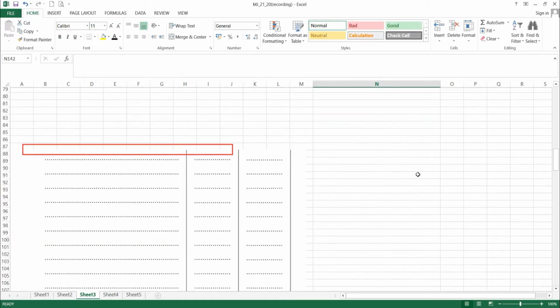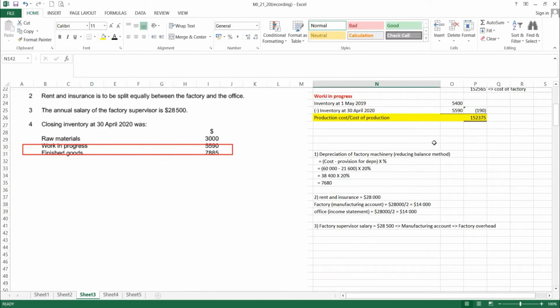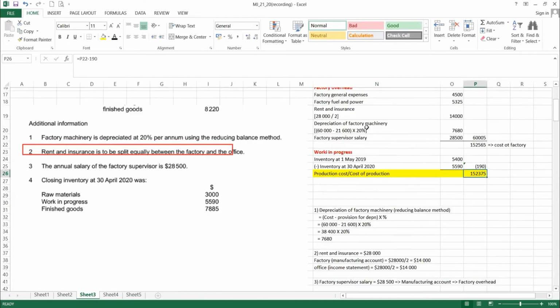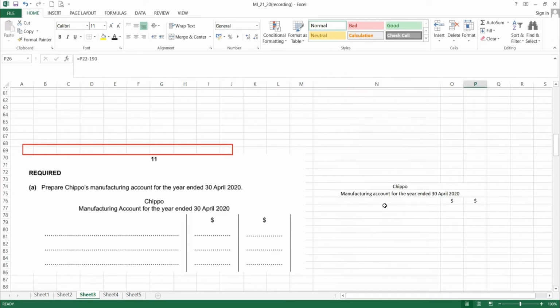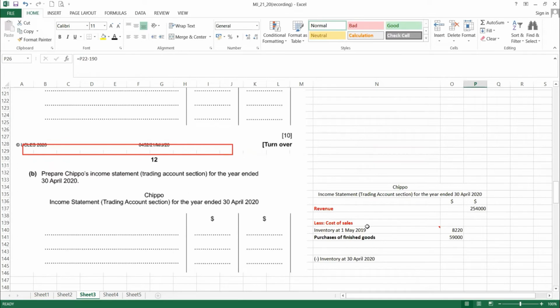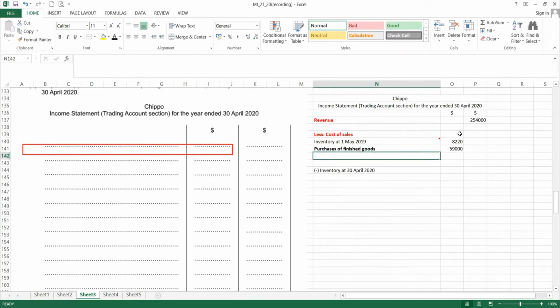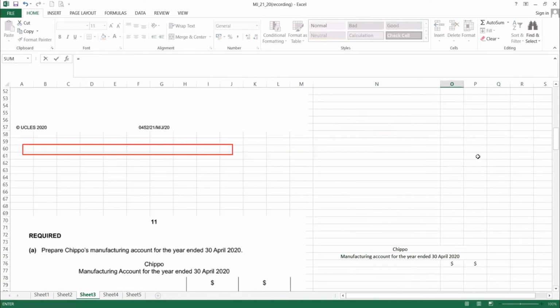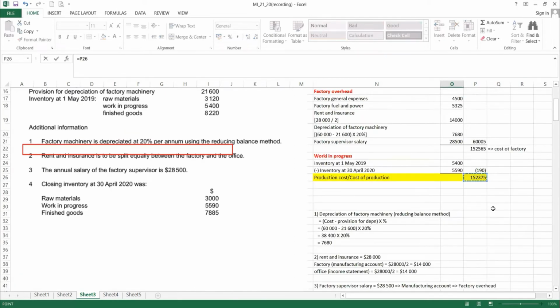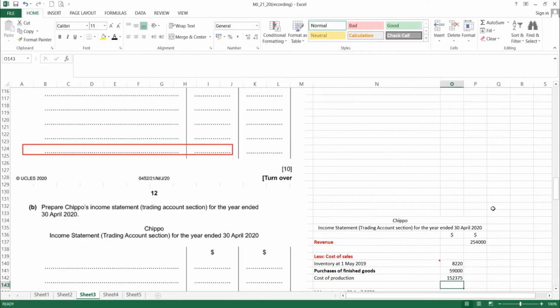Next is this cost that you calculated, this amount, cost of production, 152375. The whole thing will go to the cost of sales. So cost of production sitting in here, and the amount is 152375.